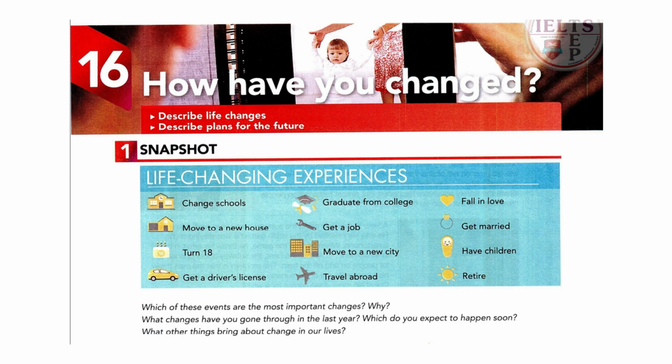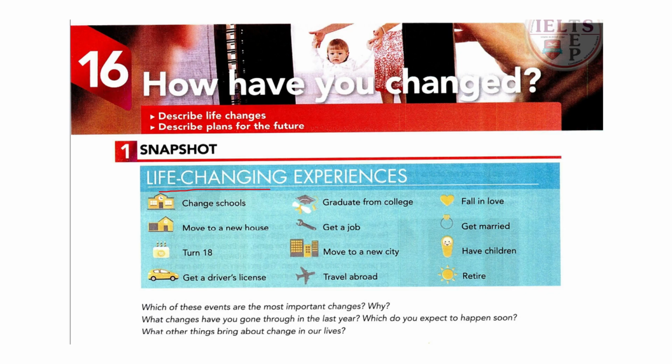Let's continue. Okay, so now we're going to discuss our third grammar focus. It belongs to unit number 16. Unit number 16 is about how have you changed? It's about change. We know that we experience life-changing experiences.